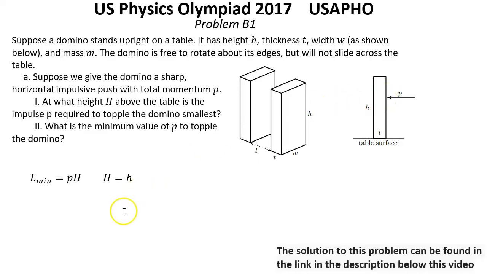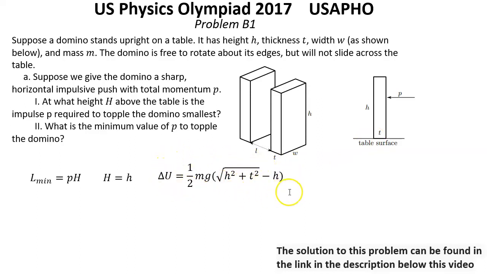That will be this potential energy change. The initial height of the center of mass is h/2, and the final is the length of half of the diagonal of this domino, which is √(h² + t²)/2.